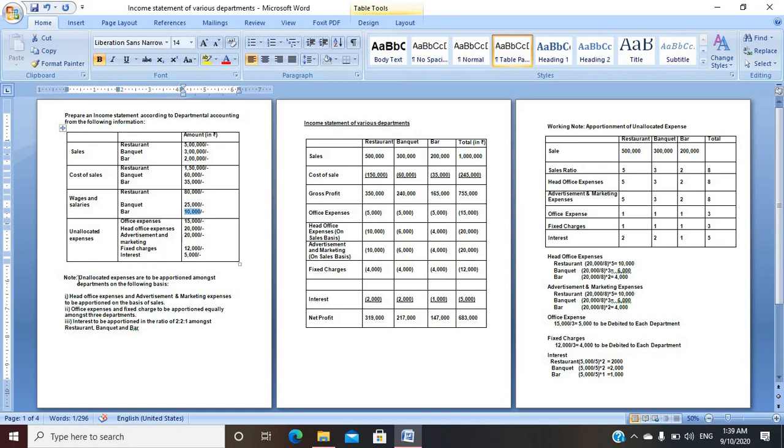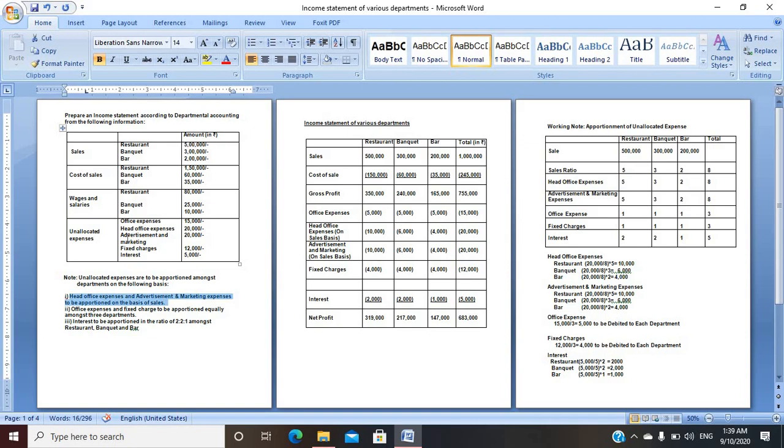So here we have the note: unallocated expenses are to be apportioned among the departments on the following basis. So here we have the conditions for how to divide our expenses. Head office expenses and advertisement expenses are to be apportioned on the basis of sales. What does this mean?